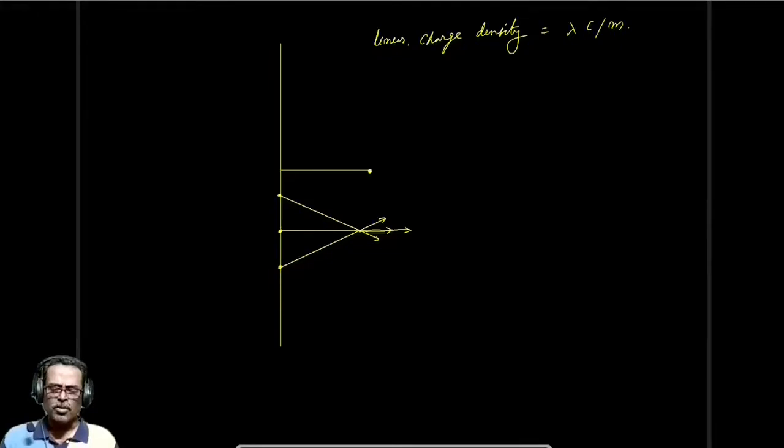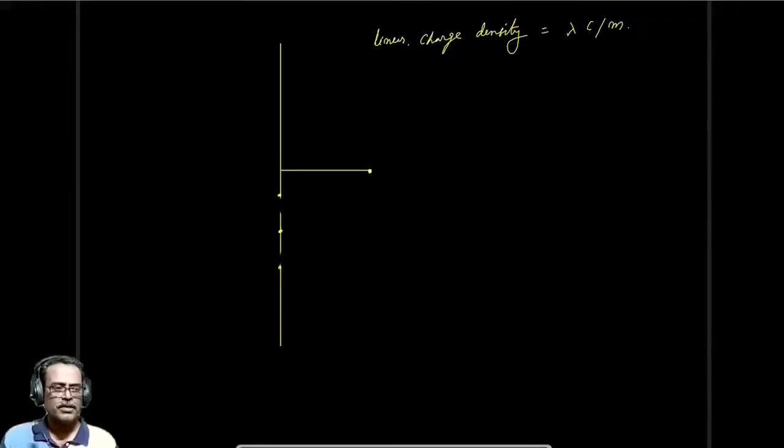So all the field lines at every point outside the wire are radially outward. If we consider a surface at a constant radial distance, that will be a cylinder, so we can take a cylinder around this point as the Gaussian surface.